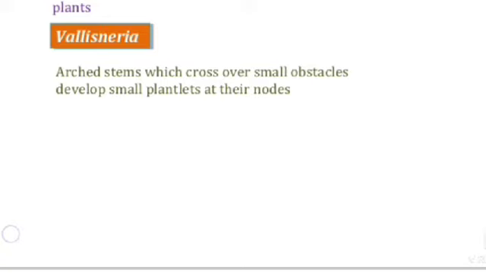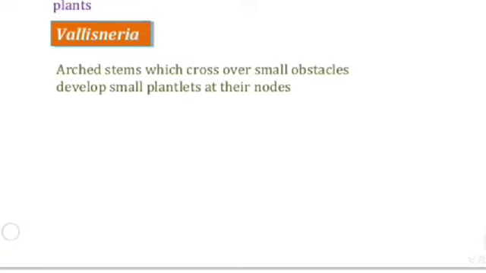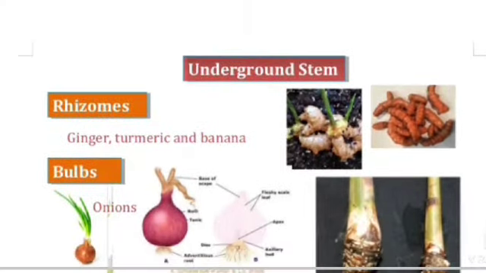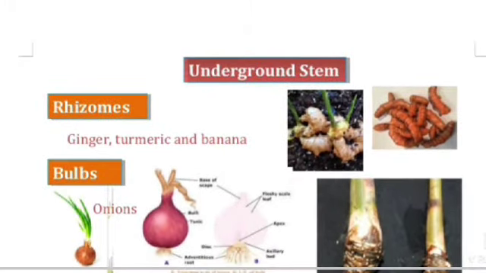Vallisneria: the stem crosses over small obstacles and develops small plantlets at the nodes. Underground stems: a rhizome, for example ginger, turmeric and banana.